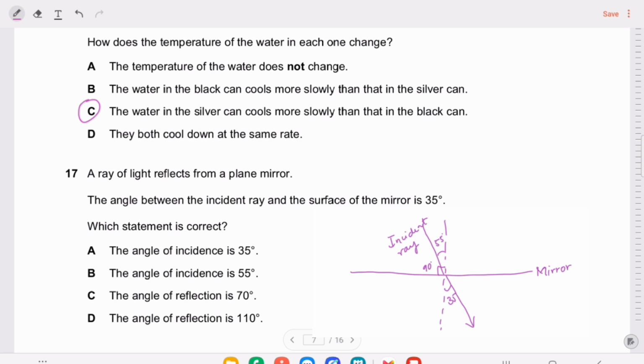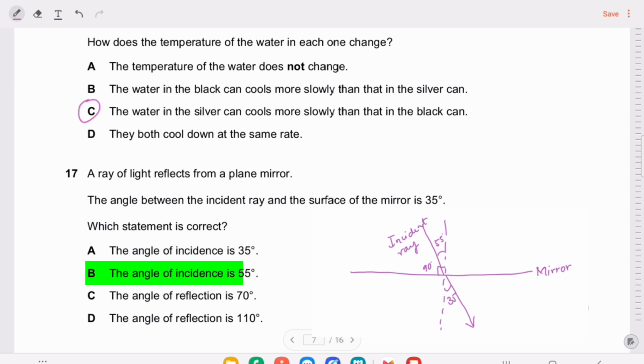That's why we draw this as a vertical line. The mirror and the normal make a right angle. The right angle is 90 degrees. We already know one part is 35 degrees. So 90 minus 35 will give you 55. Therefore, the angle of incidence is 55 degrees.